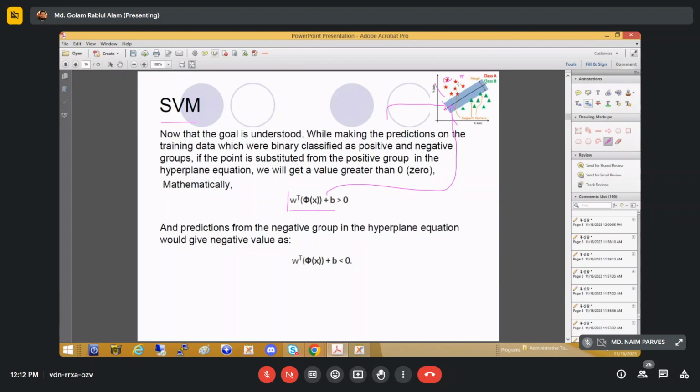If we consider a point P with X and Y, we have to put those values in this equation. If we get a greater value, it means that it is above the line, so that is the positive group or positive class.